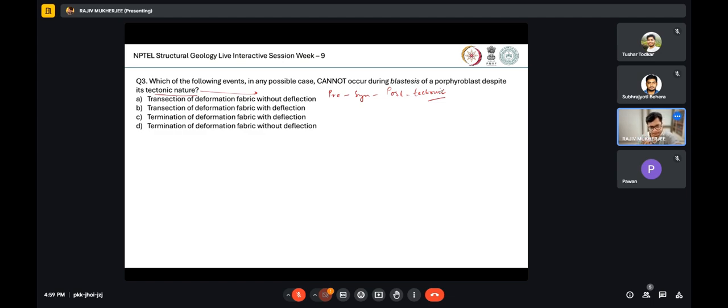So let us discuss what happens in pre, syn, and post kinematic. Say, for example, we have a clast. If this is pre-kinematic, that means the porphyroblast existed in the system even before the deformation took place, right? So in that case, what will happen? It will not preserve any signatures of the phase of deformation within it.